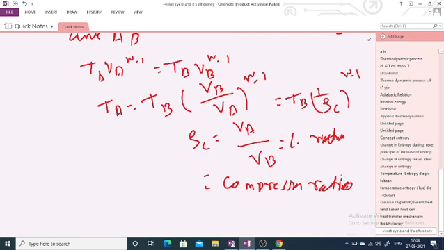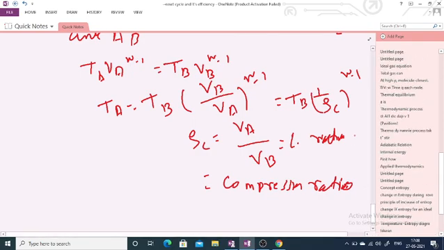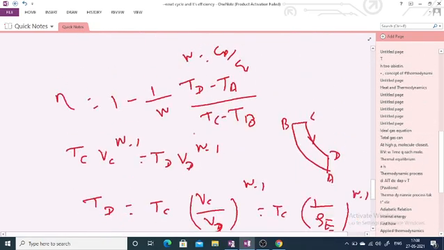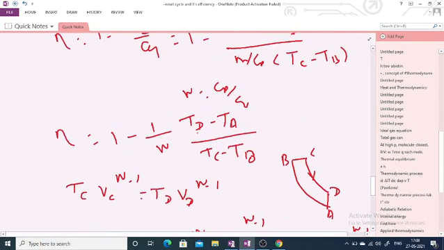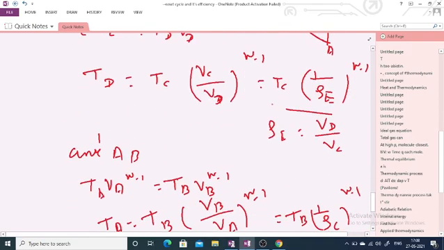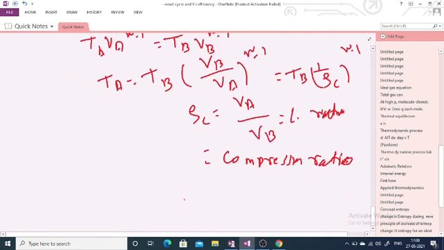Now put the values of Ta and Td in the equation. So this is the required equation, suppose equation number 1, then equation number 2, and then this equation number 3.